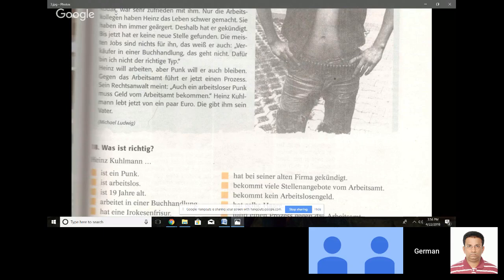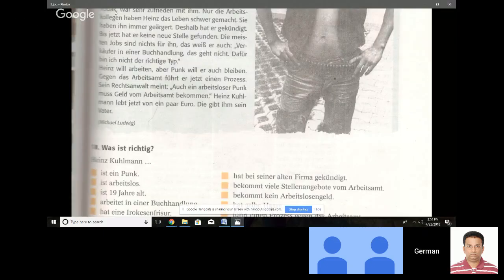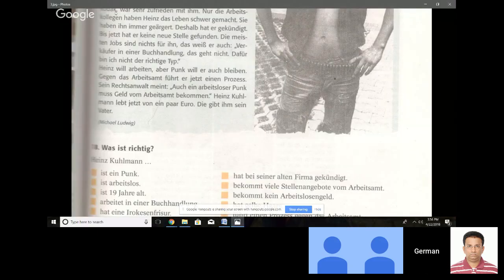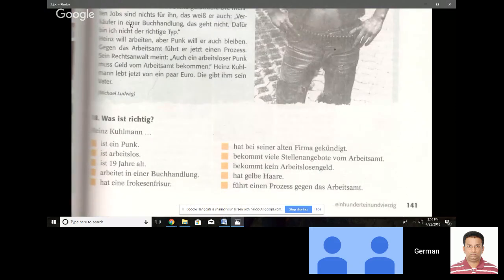Heinz Kuhlmann lebt jetzt von ein paar Euro. Die gibt ihm sein Vater. They are given to him by his father. Okay, so is the passage clear? He's a punk and unemployed, and he wishes to get money from the Arbeitsamt.